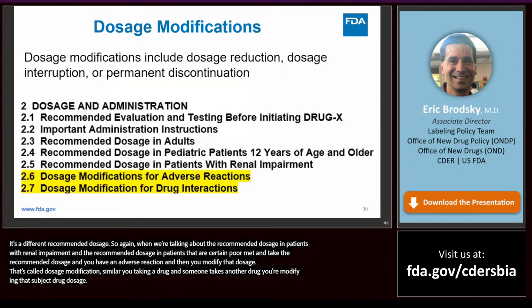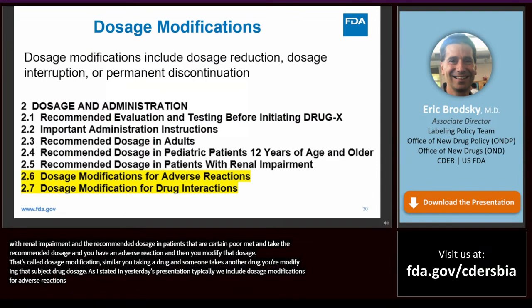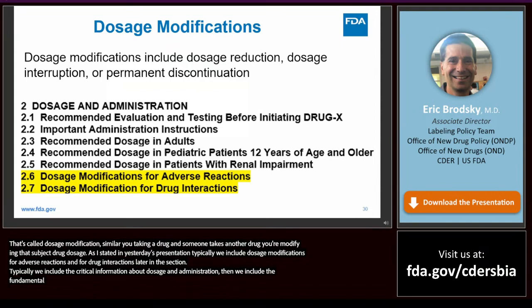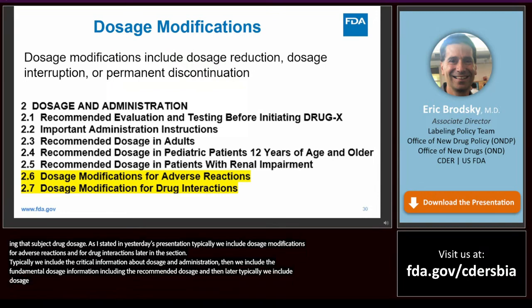As I stated in yesterday's presentation, typically we include dosage modifications for adverse reactions and for drug interactions later in the section. Typically, we include the critical information about dosage and administration, then the fundamental dosage information, including the recommended dosage, and then later, dosage modifications for adverse reactions and drug interactions.